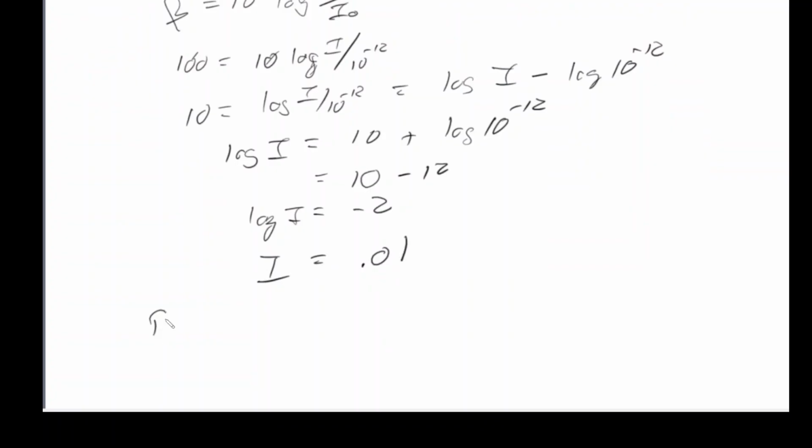Now we're looking for the power of the band, which we know is equal to I times A. We know that the band is playing into a hemispheric auditorium. The area of a sphere is equal to 4 pi r squared, but a hemisphere is half of that area, so that's equal to 2 pi r squared.